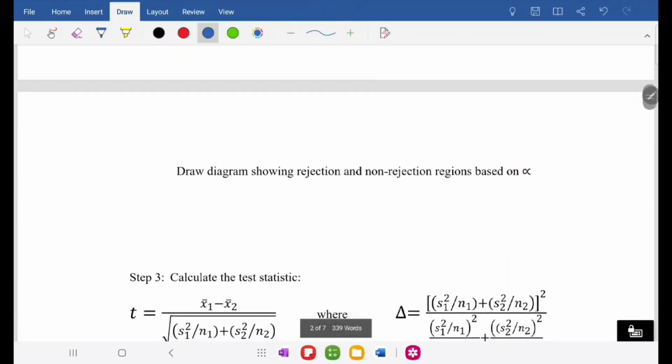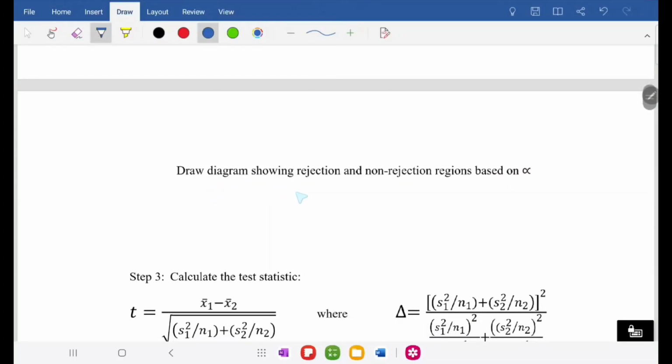The next part is draw a diagram showing rejection and non-rejection regions. So you will have to draw this anyway in step 4, but since it's asking, let's just answer the question. And this is not quite a normal curve, so let's just redraw this. Okay, so we will have our mean difference.